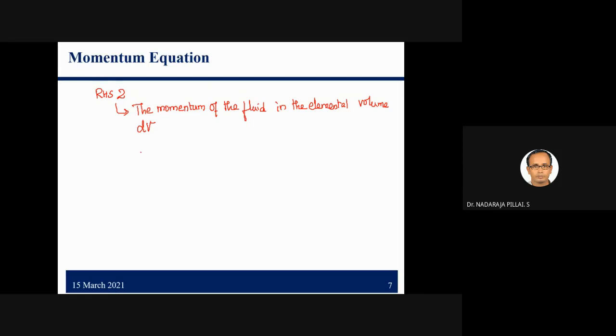So we can write this as rho into dV into V, right? And please note, this is the momentum, not the time rate of change of momentum, right? So something like mass by volume into the volume into V. So this will become mV, then it is a momentum.